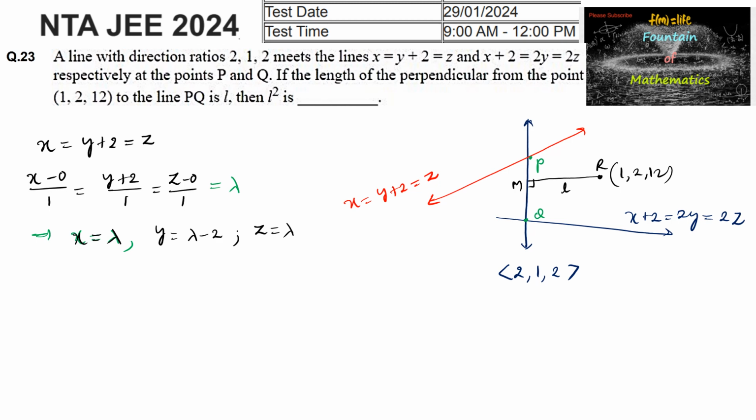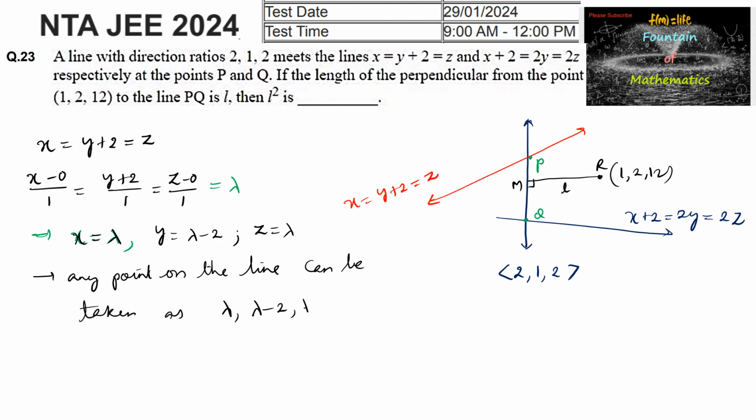And now any point on the first line can be taken as lambda comma lambda minus 2 comma lambda. Let us consider this to be the point P.